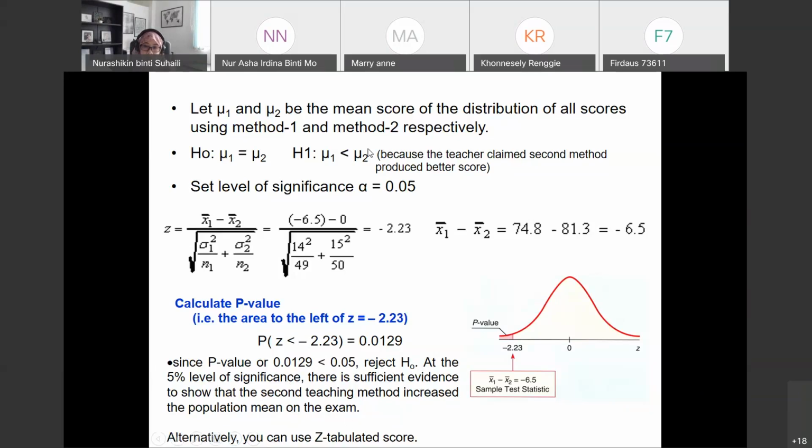So it means that the score of mu2 is greater than mu1. So that's how you state the conclusion. The second teaching method is better, or increase, or more than the mu1. I also can accept it. It's not in this form. Okay, so that's the conclusion.